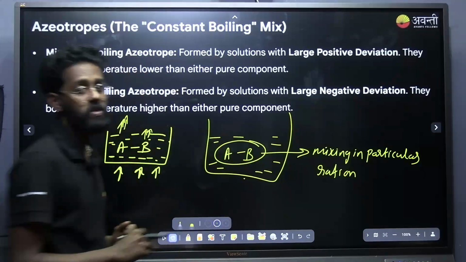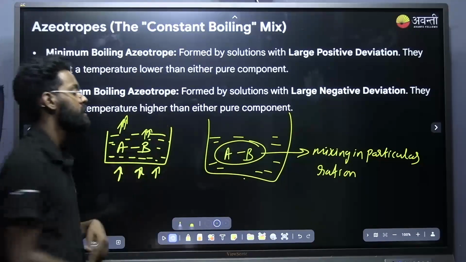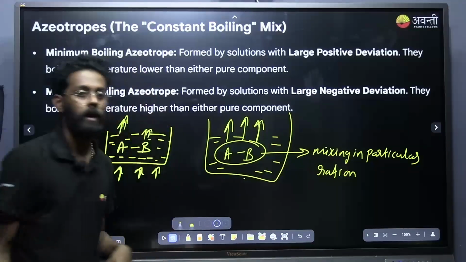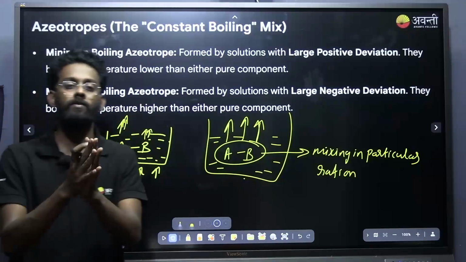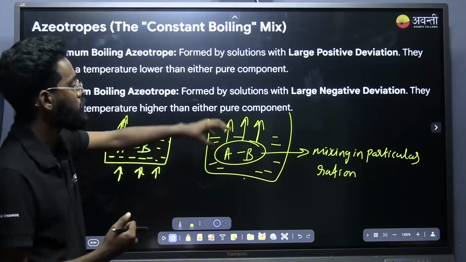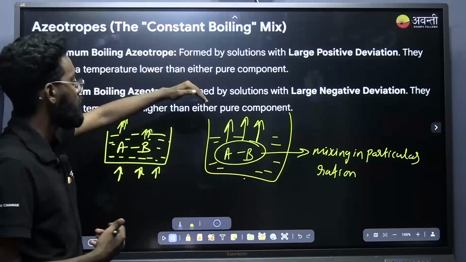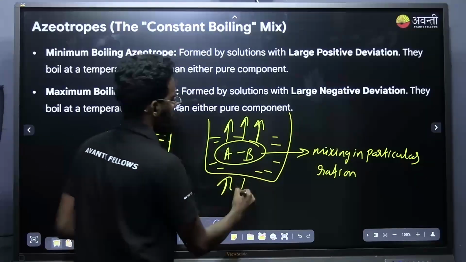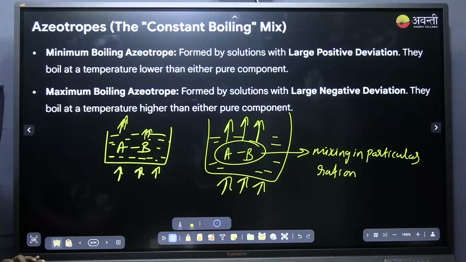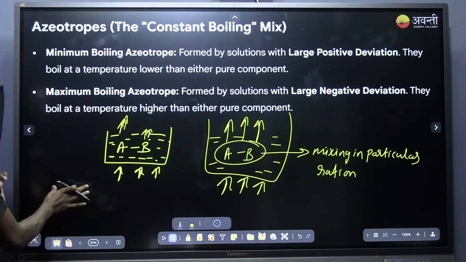If they are mixed in a particular ratio, instead of going separately, they will all go together. That is, when we mix in a particular ratio, they will form a particular bond, and that will make them move together when we heat. It will have a single boiling point. That is what azeotrope means. Got it, everyone?